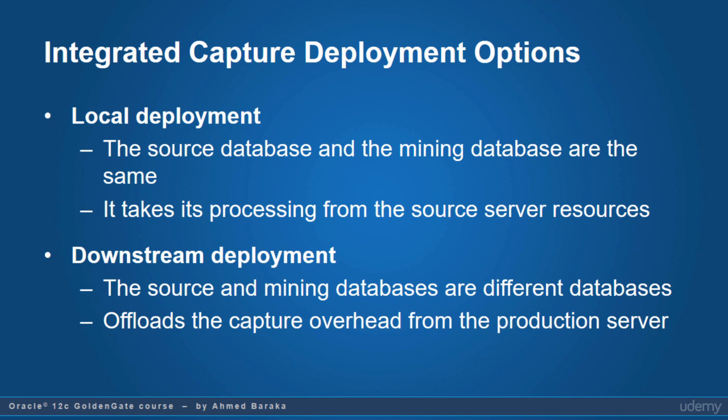With the downstream deployment, the source and the mining databases are separate databases, and usually they are running on different machines. This is needed if you want to offload the capture overhead from the production server. But obviously the setup is a little bit more complicated. Which one to use depends on the workload and your hardware capabilities.